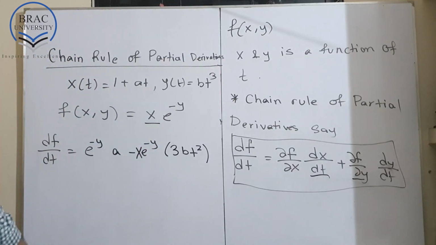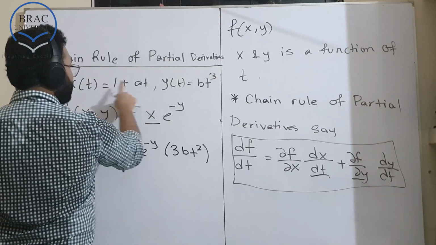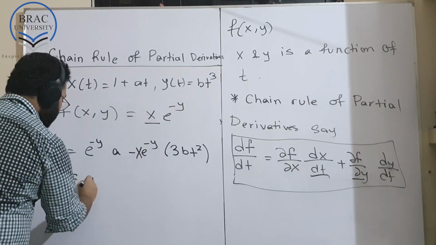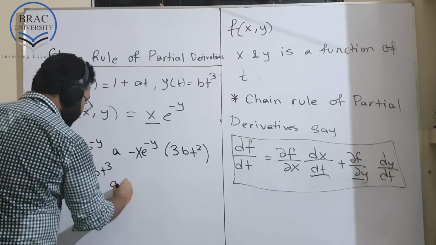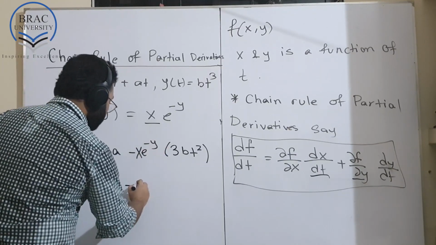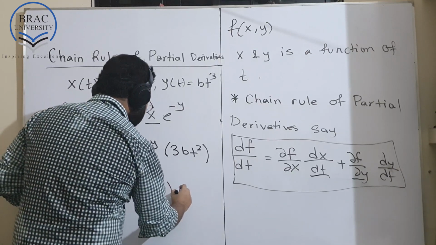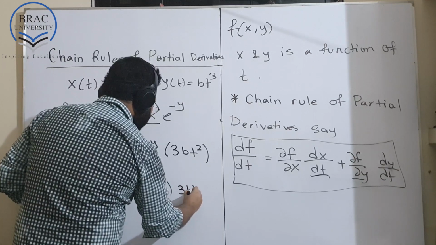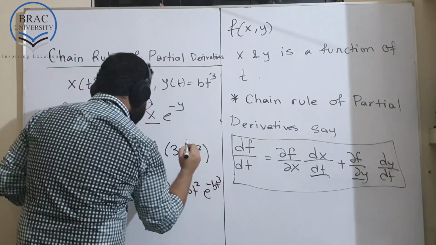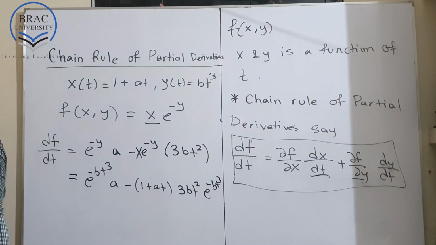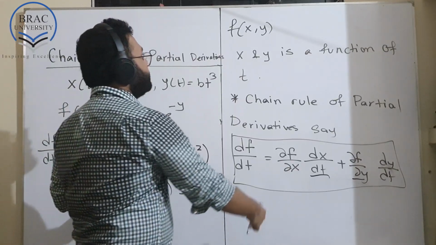So now let's just plug in our x and y, which are functions of t. This y is bt cubed, a, minus x is 1 plus at, 3bt squared, and the exponential. So you can write it by factoring out the exponential term.